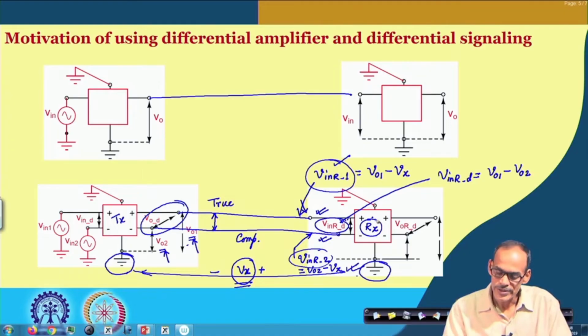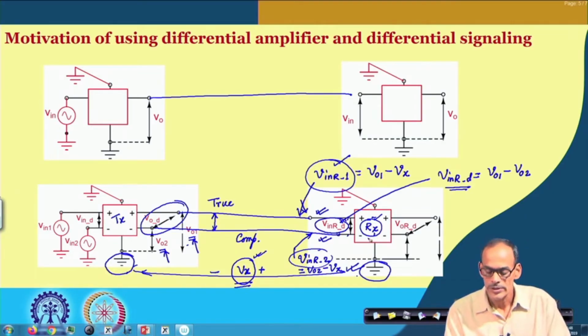So, if this receiver is essentially amplifying or sensing the differential input, then it will not be disturbed by this common voltage difference between the two grounds. Of course, this is possible only when the receiver has the capability to completely suppress this common part, namely the minus Vx part.